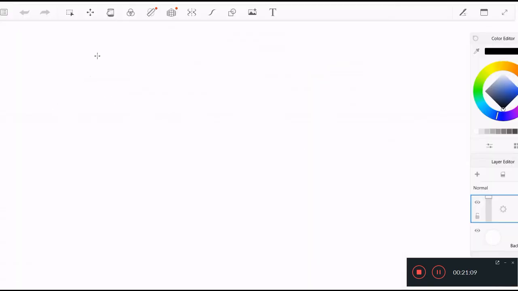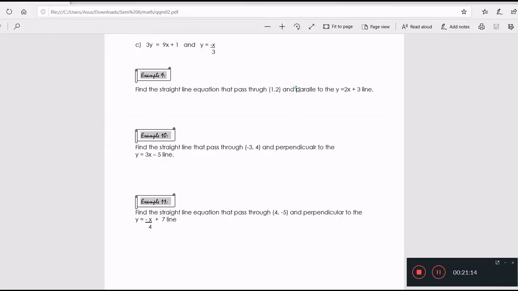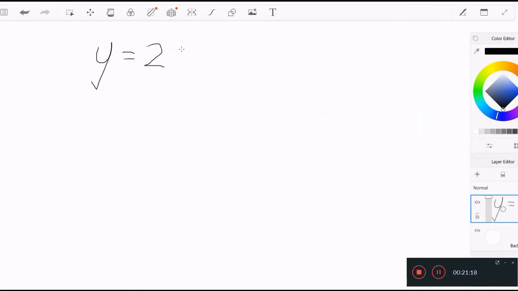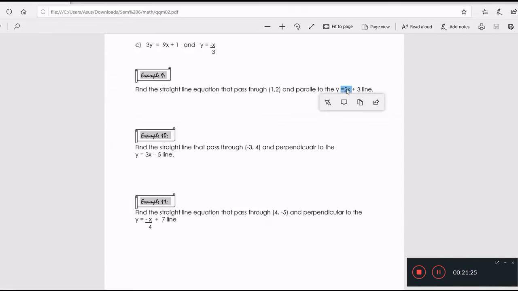From this case, I straight away know, because of the parallel, that they share the same slope, right? So y equal to 2x plus c. I don't know the value of c, because they share the same slope, but the y-intercept shouldn't be the same. It's always different. Slope is the only thing that's the same in parallel lines. The line passes through (1, 2).